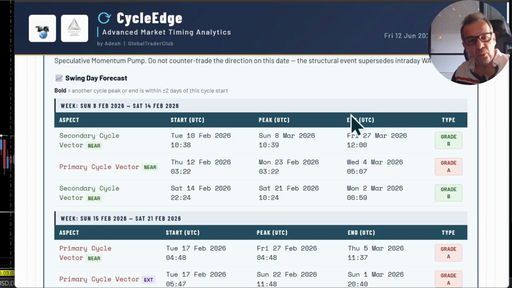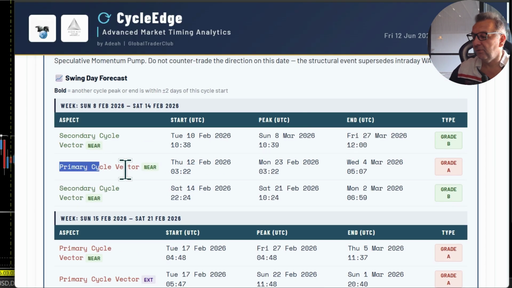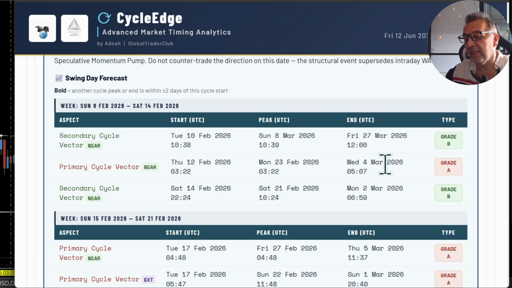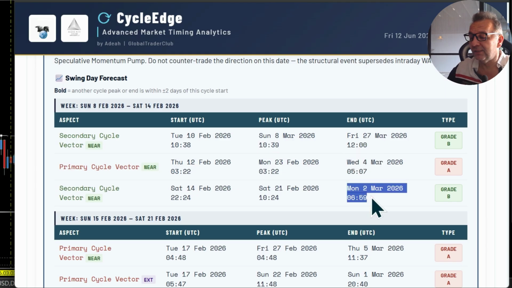It's telling me what's ahead of me this week, what I need to look out for. Here you will see, for example, primary cycle vector, something that started on the 12th of February. Okay, we're in March, remember. It peaked out on the 23rd of February. And then it is now on the 4th of March ending. All right. And then I've got another one ending on the 2nd of March.